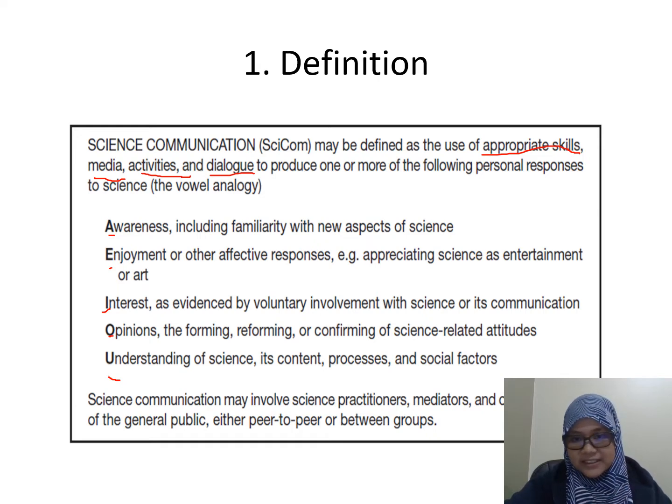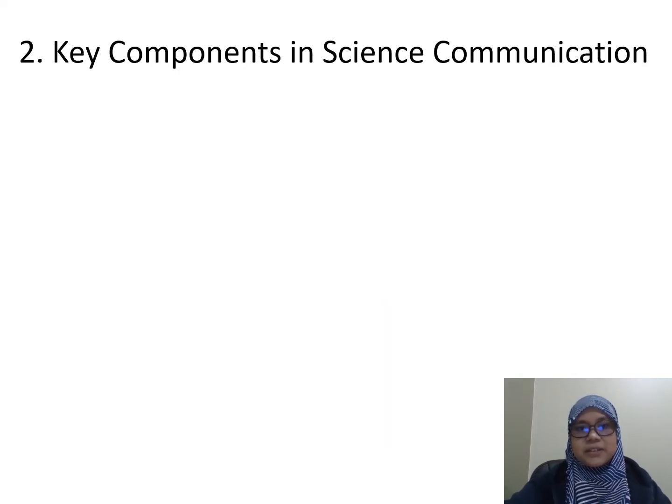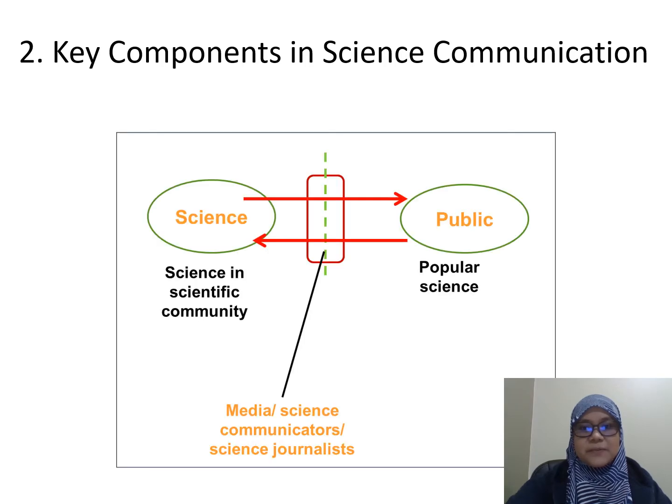Next, I'm just going to give a bit of a summary of the key components in science communication. If you look at this, initially you can see just two components, right? Science and public. But actually you also have one in the middle, which is the mediator.